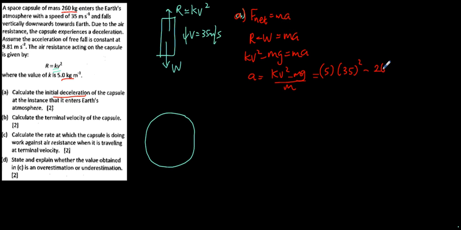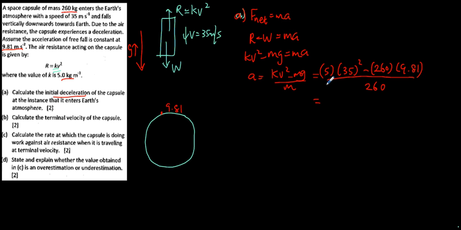Okay, 260. g is 9.81 because they said it's falling at 9.81. Actually, this is not true because from here to here there's still a certain distance. 9.81 is only true on the surface of the Earth. From here to here, the g is actually increasing. Here it is actually lower, maybe only 8 or 7, at this instant. But they say assume it to be constant 9.81. So we just use the number. So divided by the mass, which is 260.